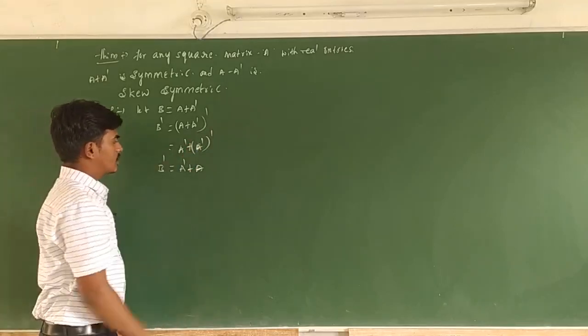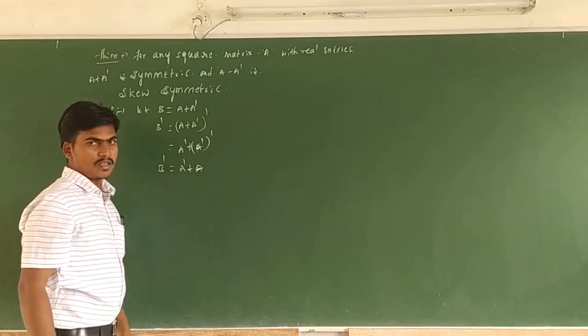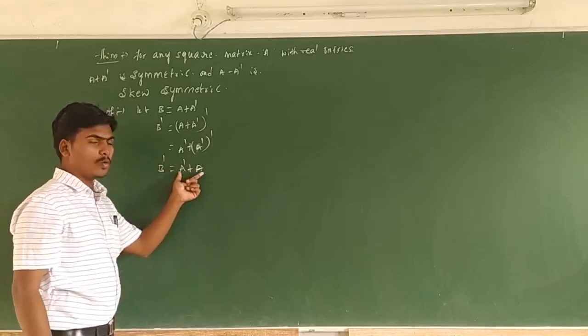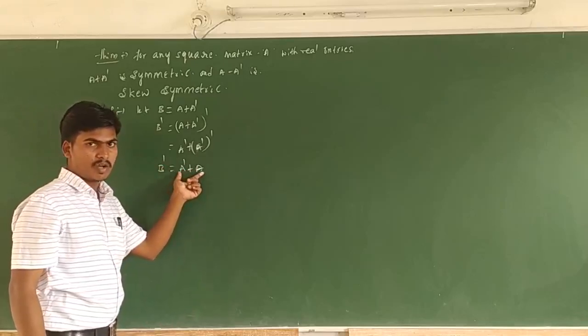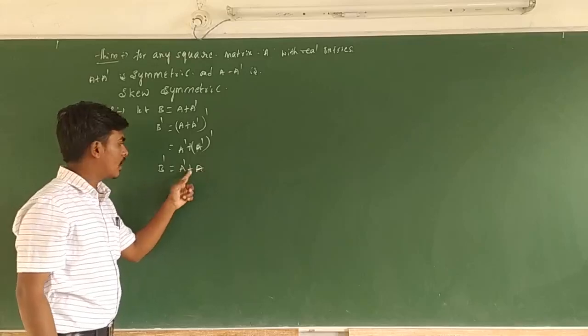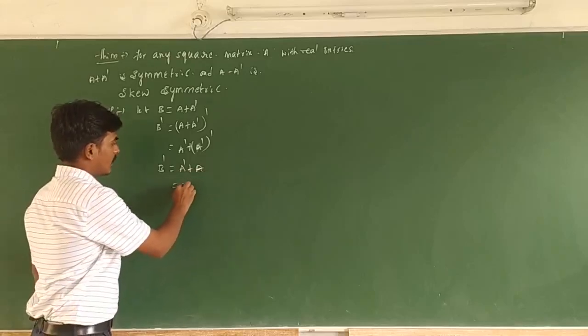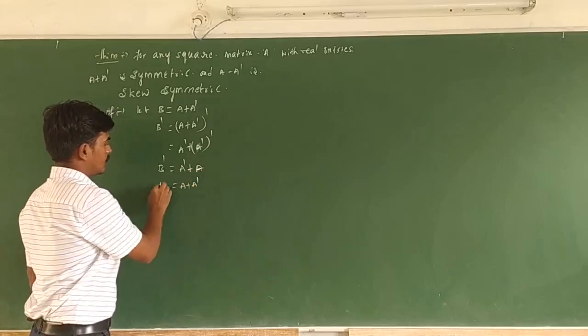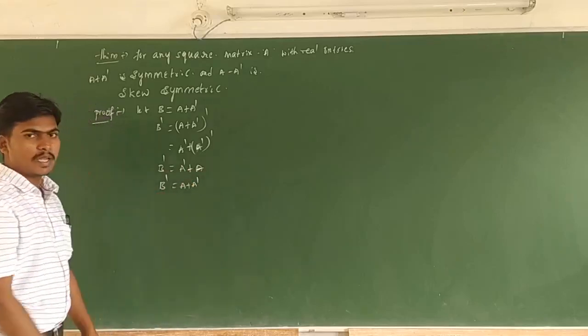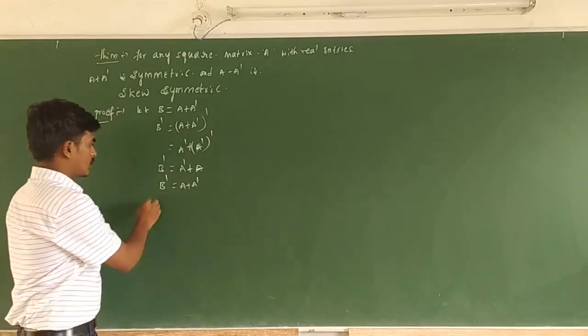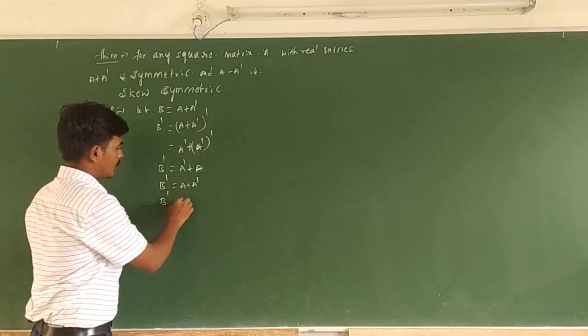B transpose equals A transpose plus A. We already know that addition of any two matrices is commutative. The commutative law holds true for addition of two matrices. So B transpose equals A plus A transpose, therefore B transpose is equal to B.